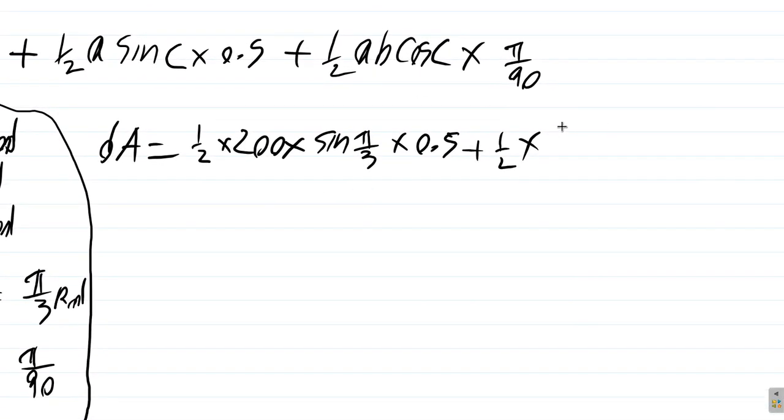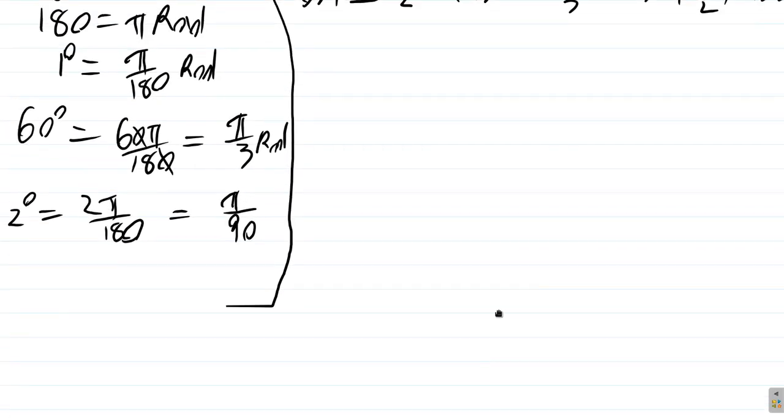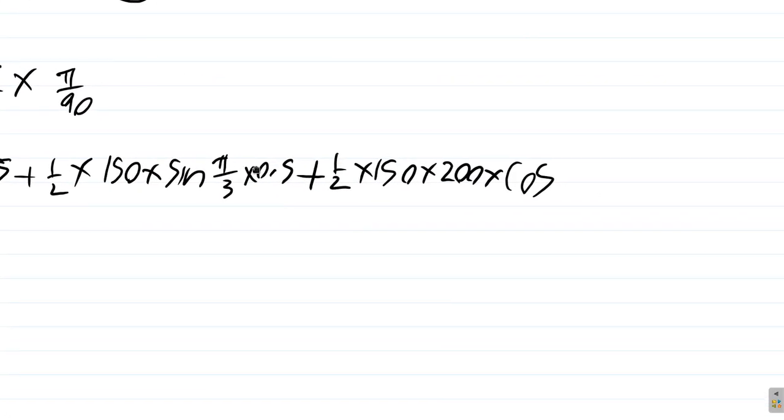So plus half times 150 times sine C, which is pi over 3, times 0.5, plus half times A, which is 150, times B, which is 200, times cos C. The angle C was pi over 3.